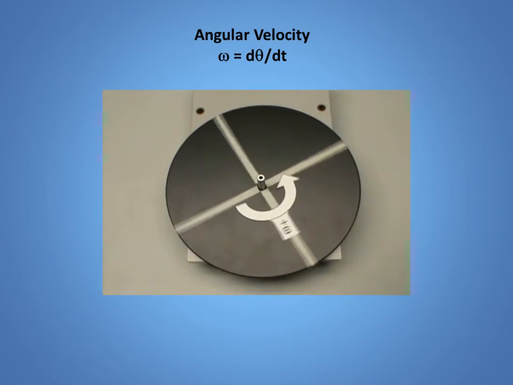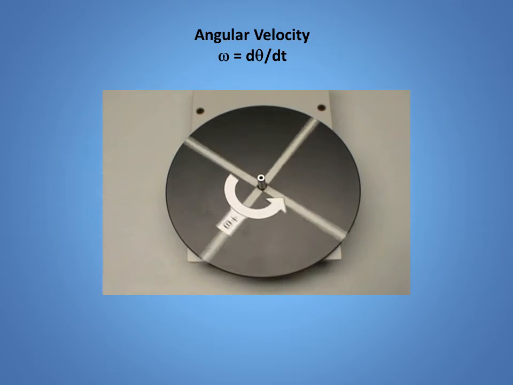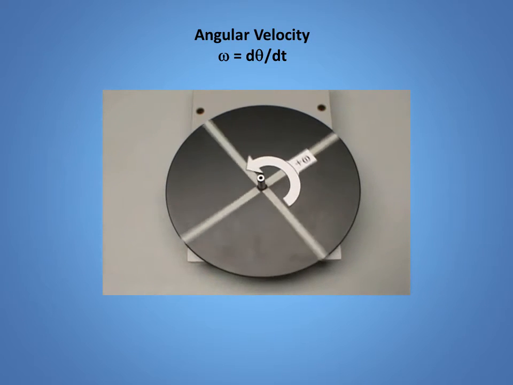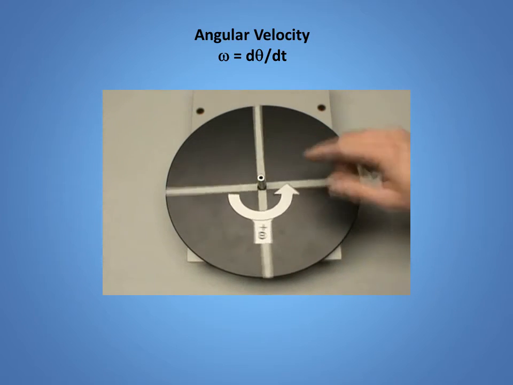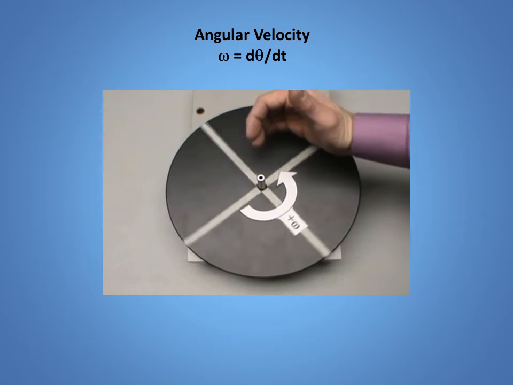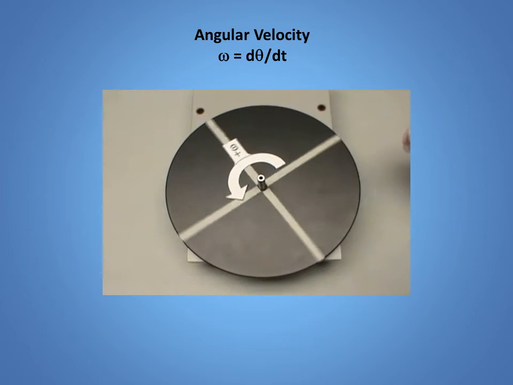However, angular velocity is a vector quantity, and it does have a direction associated with it. The direction of angular velocity is actually perpendicular to the plane in which delta theta is occurring, and we use the right-hand rule to aid us in determining the direction.